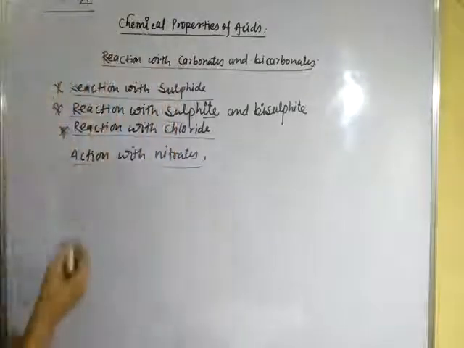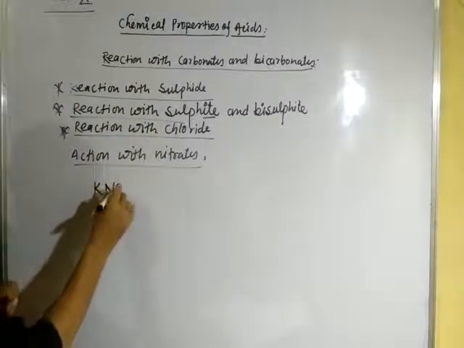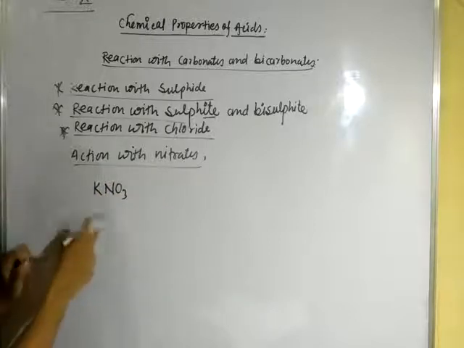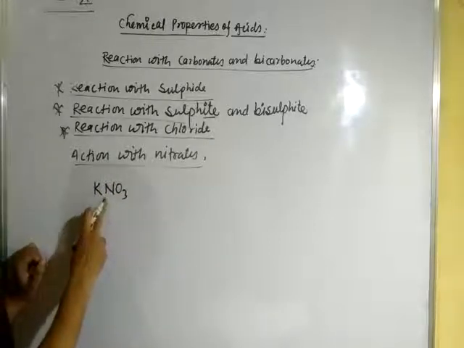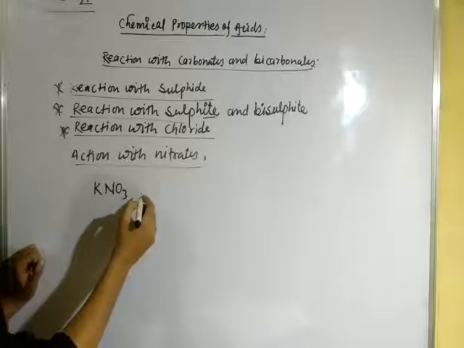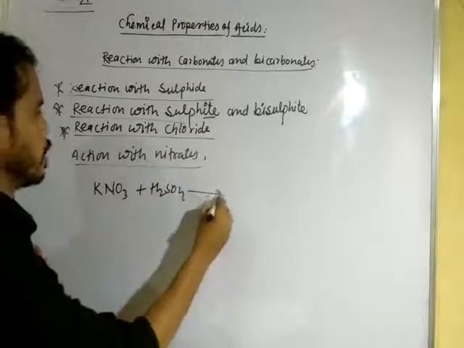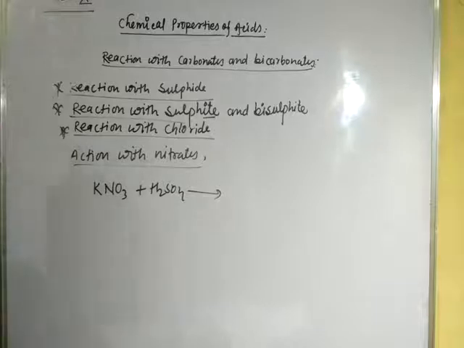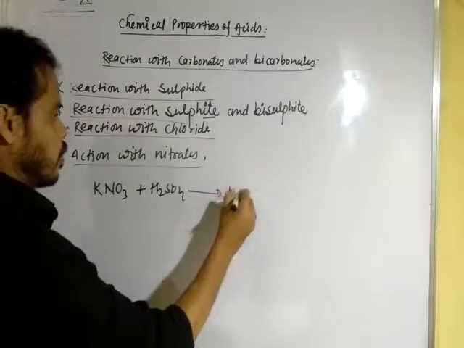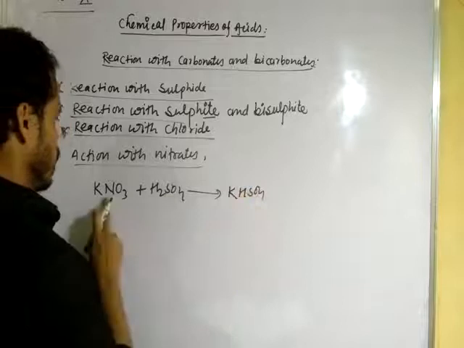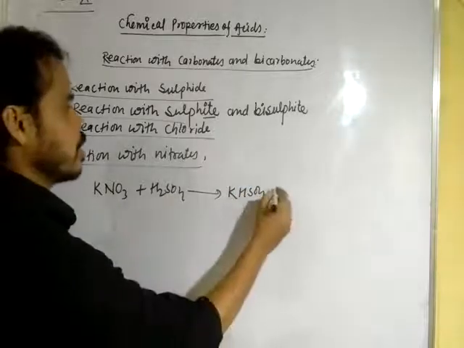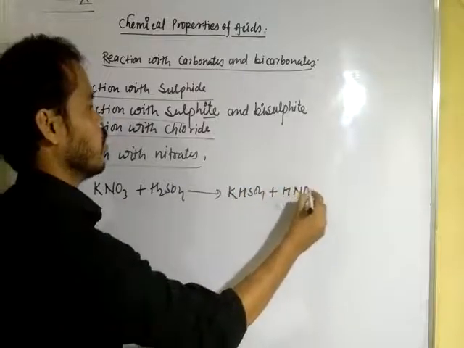See here the reaction. When potassium nitrate is treated with H2SO4, in the first step it forms potassium bisulfate and HNO3.